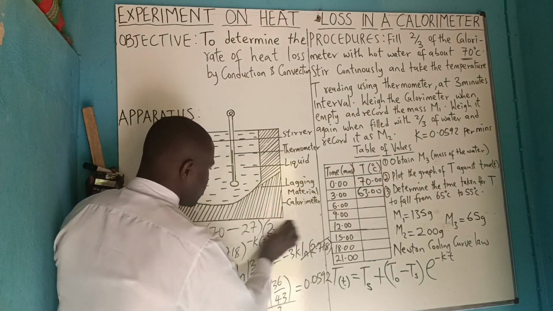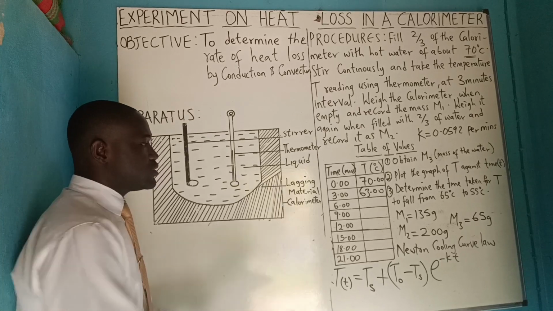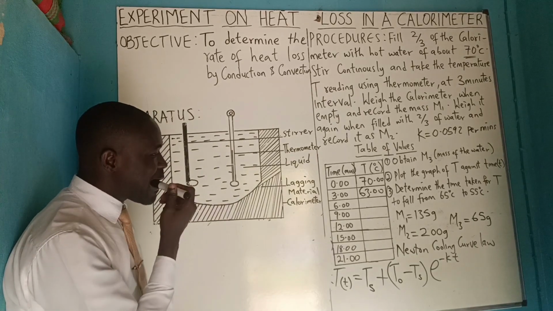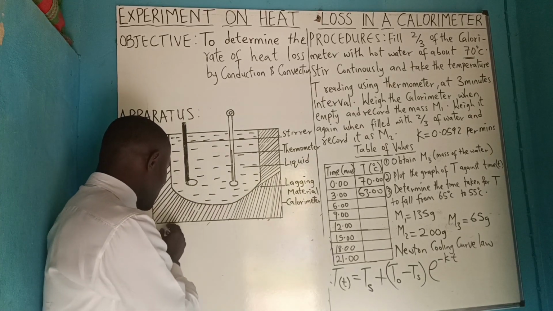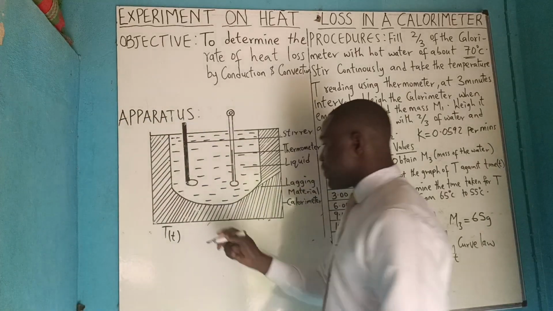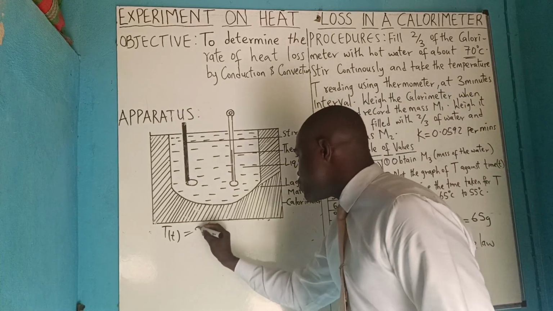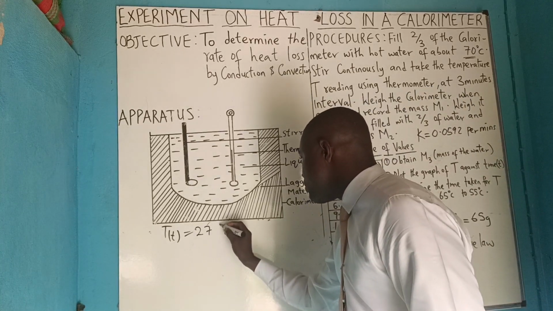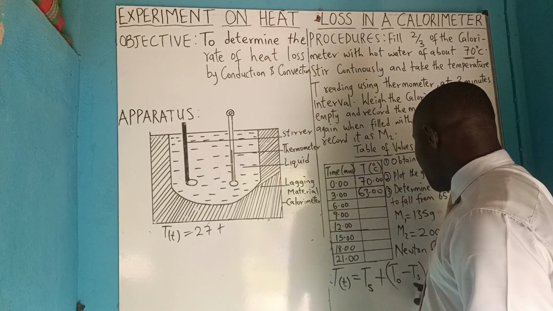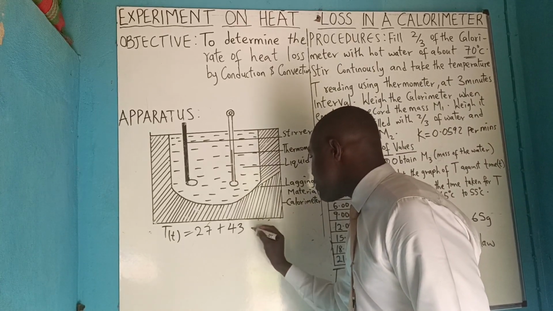Okay, let's see how to run it down. For the first one at 6 minutes, I will say the temperature will be equal to Ts, which is 27, plus 70 minus 27. That will be giving me 43.